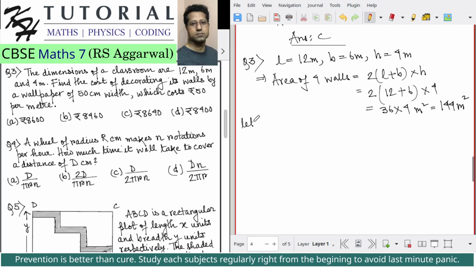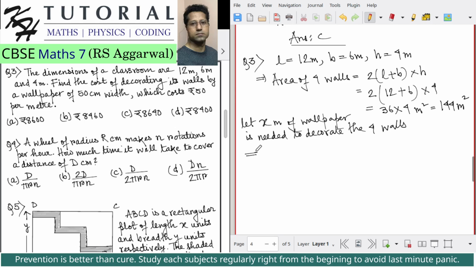So let x meter of wallpaper be needed to decorate the 4 walls.